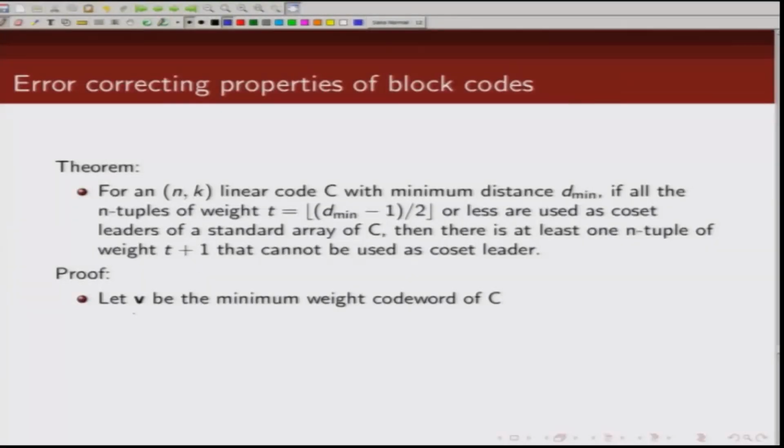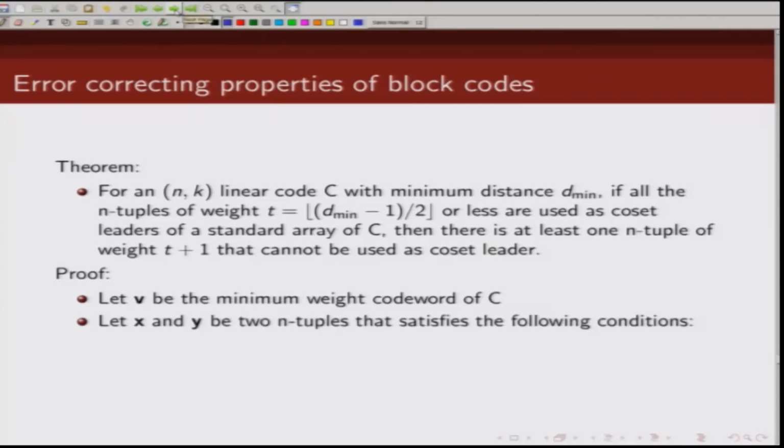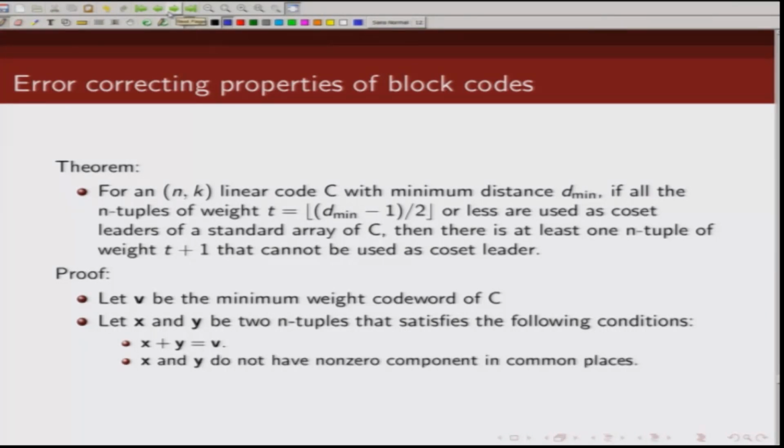So, let us assume V is the minimum weight code word of C, and we have two n tuples x and y which satisfy the following conditions. First, x plus y is equal to V, and x and y do not have any component in common, so they do not have ones in the same position.